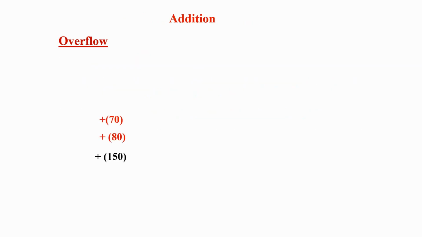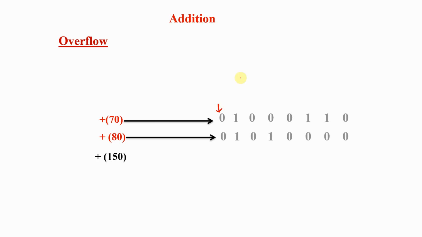Plus 70 plus 80. Plus 70 we have represented in binary. Now what is the sign bit? Plus 70 and plus 80 are two positive numbers, so the result should be positive. We expect the result to be 150. But what is happening here?